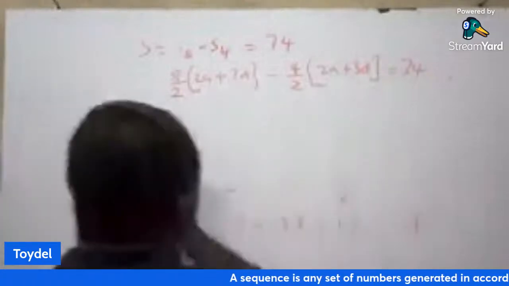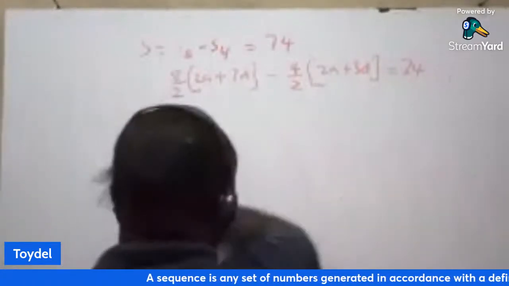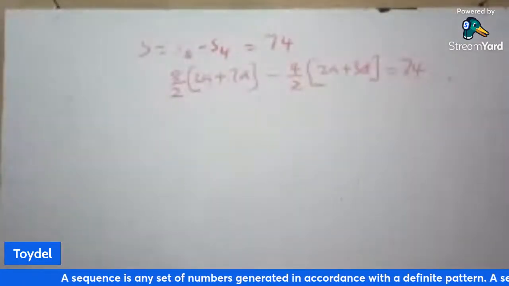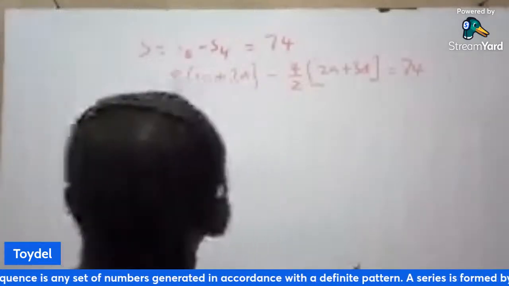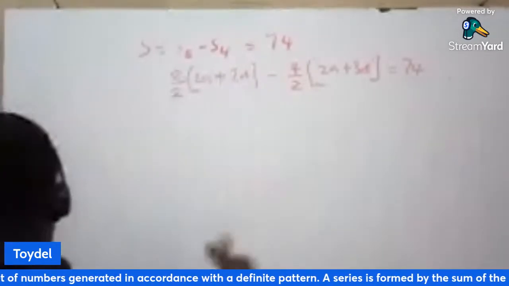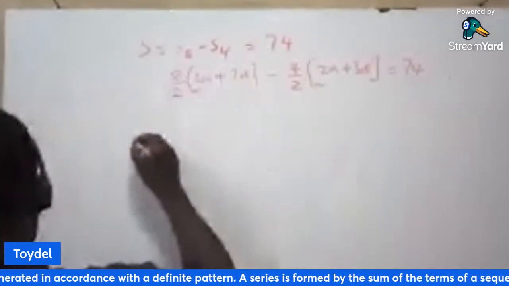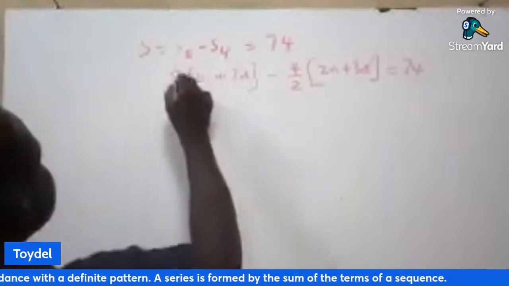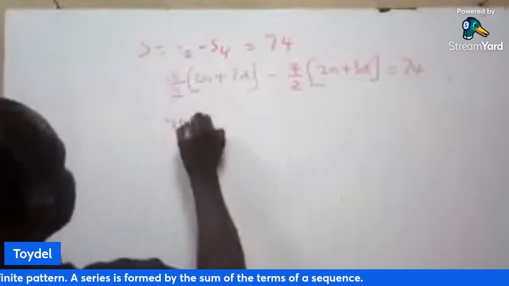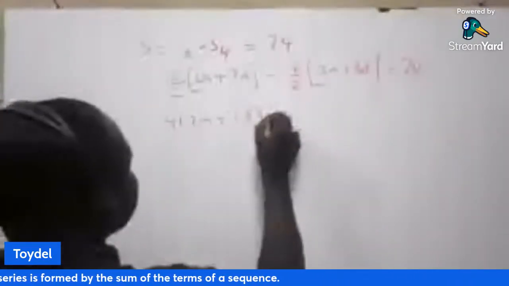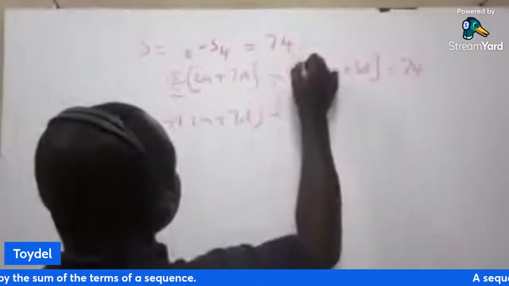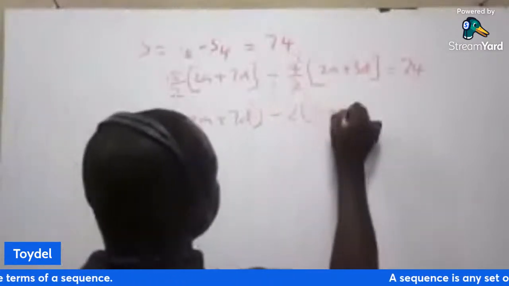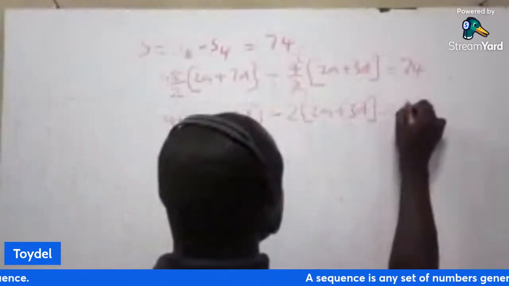The sum of the first four, we have gotten in equation 1. Then the sum of the next four, that is from S8 minus S4. So here, what do we have? 8 over 2 we reduce to 4. I'm going to have 4 into bracket 2a plus 7d minus 4 over 2, that is 2, into bracket 2a plus 3d is equal to 74.